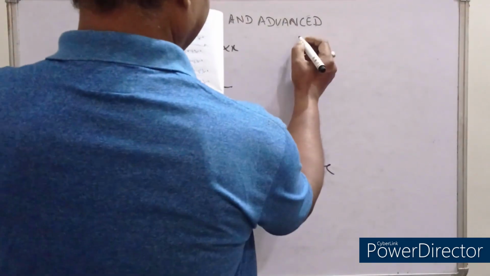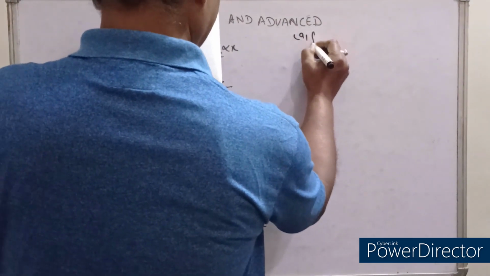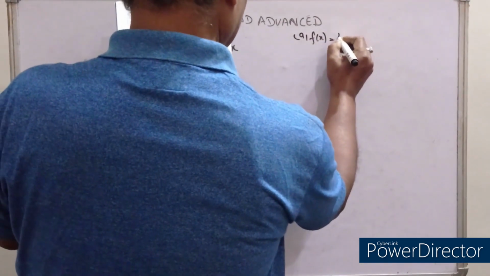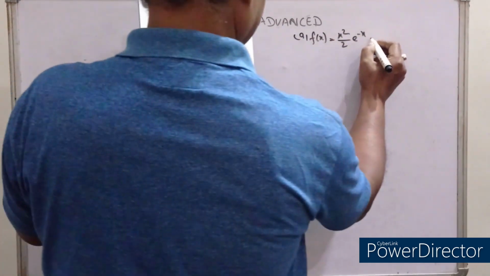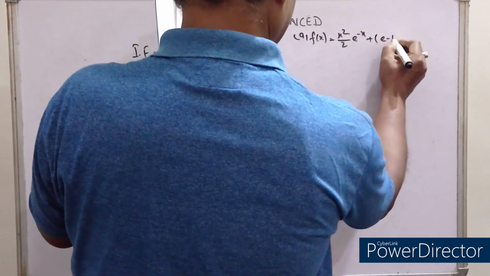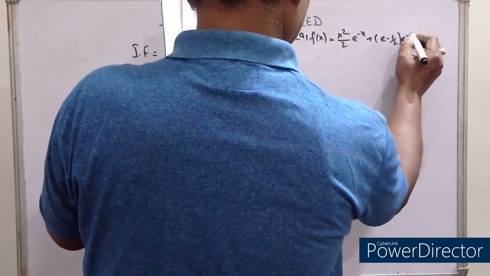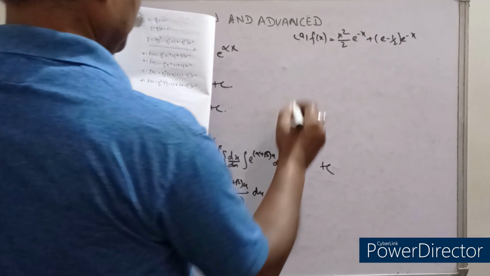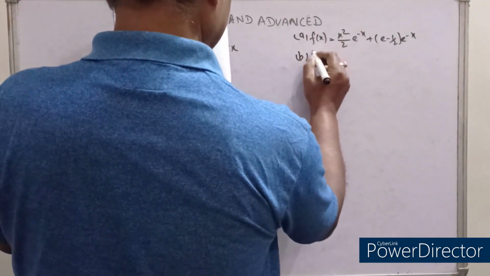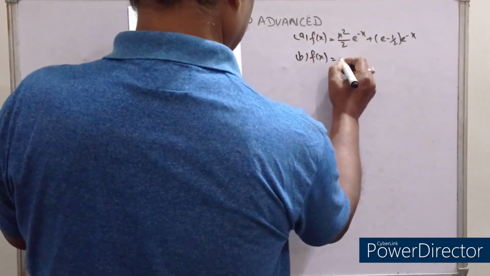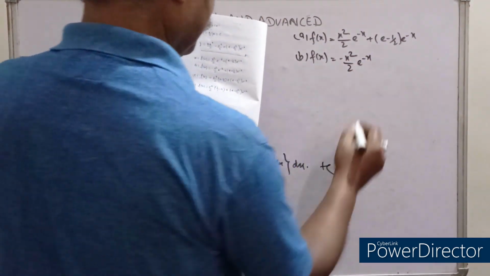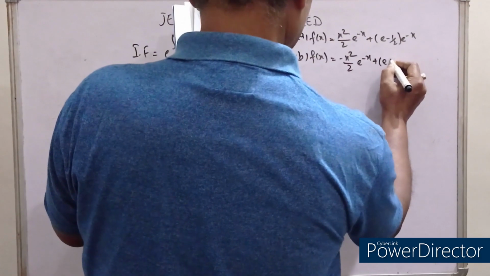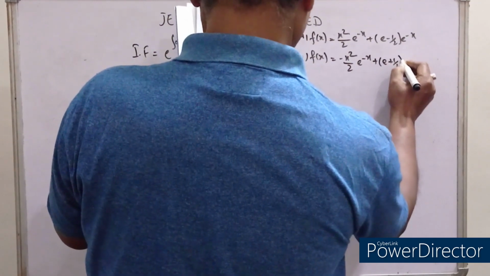Your first option is f(x) = x square by 2 e to the power of minus x + (e minus 1 by 2) e to the power of minus x. Your second option, f(x) = minus x square by 2 e to the power of minus x + (e plus 1 by 2) e to the power of minus x.